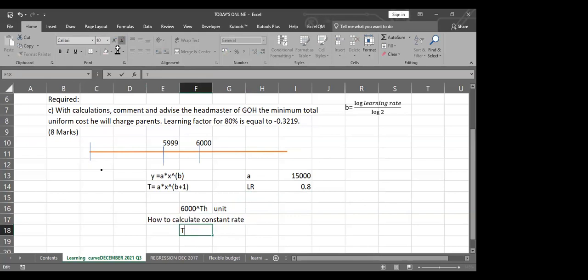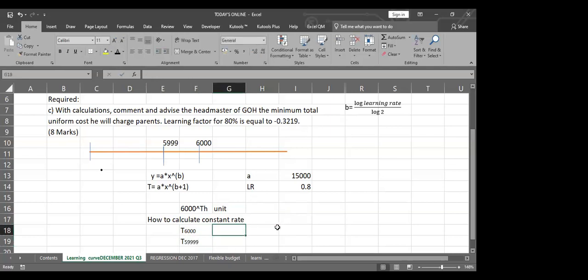Then you calculate T for the 5,999, and you get the difference.